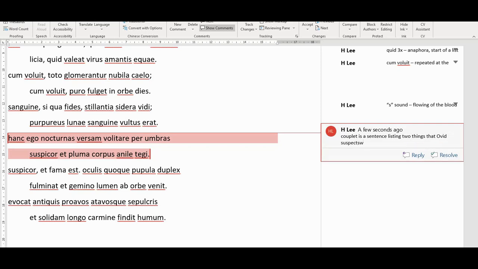So the first one is that she flies around at night, and the second one is that she's covered by feathers, which are interlinked, because I guess the feathers must be to do with the flying. Notice the first thing that Ovid suspects that she does is all in that first of two lines, and the second thing that Ovid suspects is in the second of two lines.